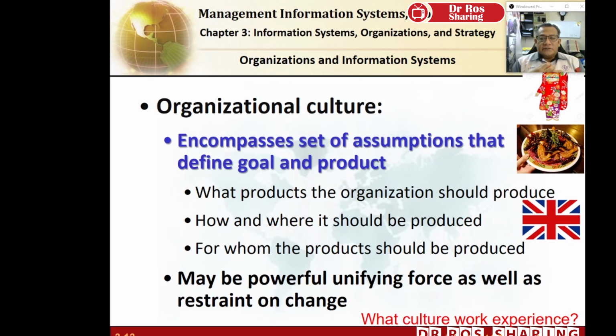So the culture is actually to produce those goods. Whatever work comes, all the energy and resources are focused on producing those three finished goods. That is what is happening in the Fujitsu company.